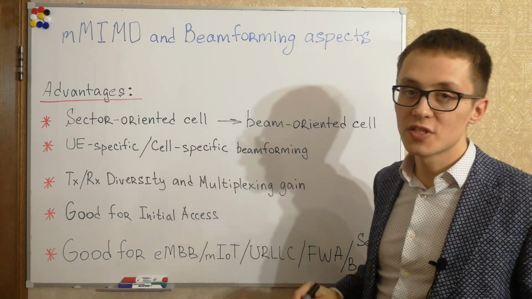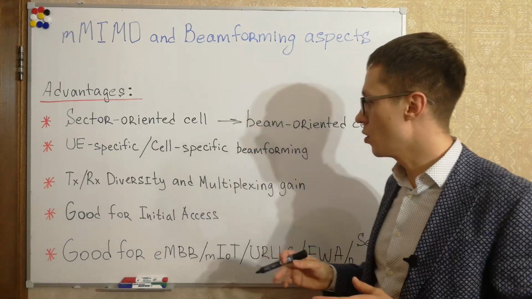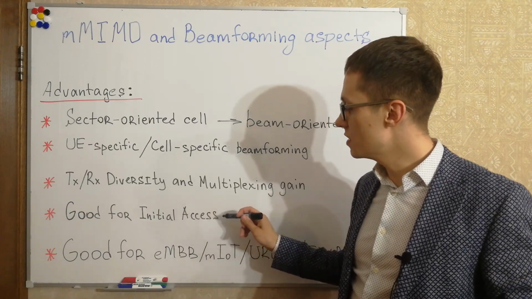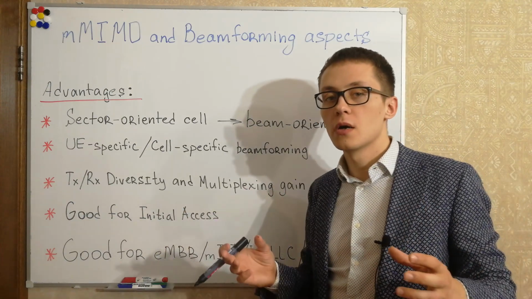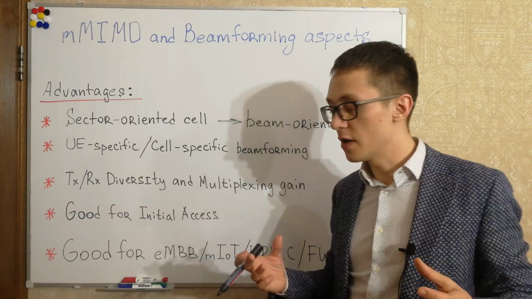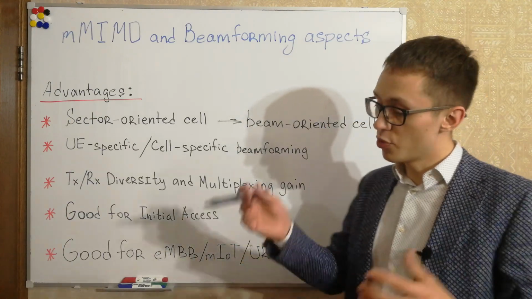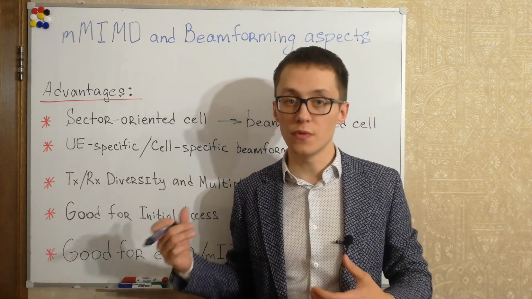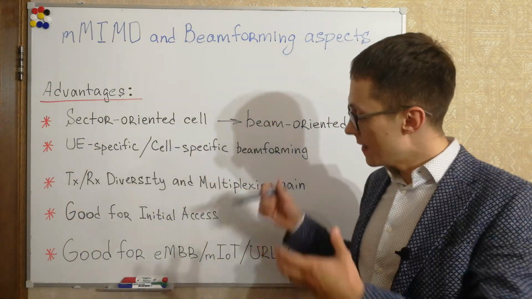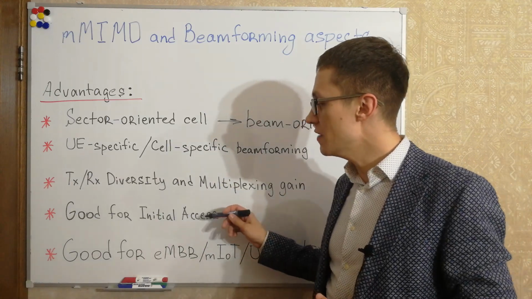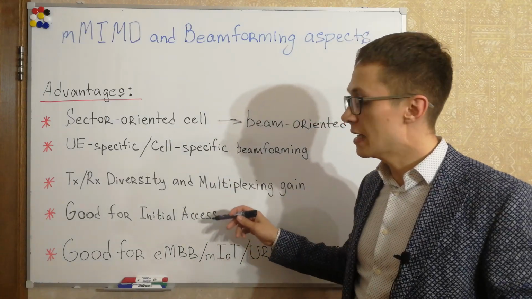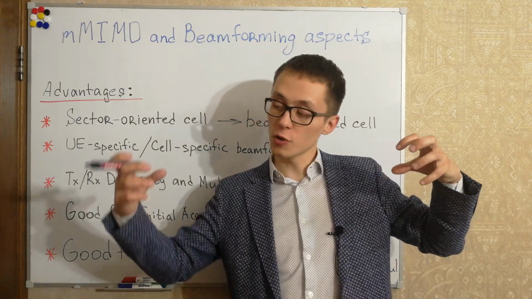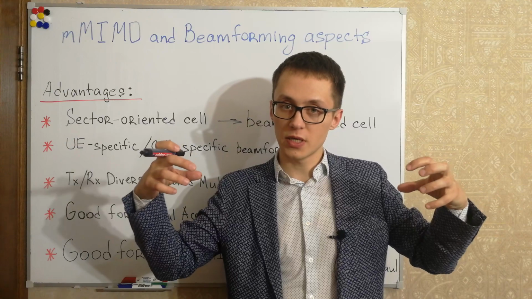Also, Massive MIMO systems and beamforming technology are very good for initial access. I would say this is a kind of new feature for 5G, because in previous generations, for example in LTE, we also used beamforming, yes, but in 5G we can use beamforming even for initial access, and not only from the base station side, but also from the user equipment side.